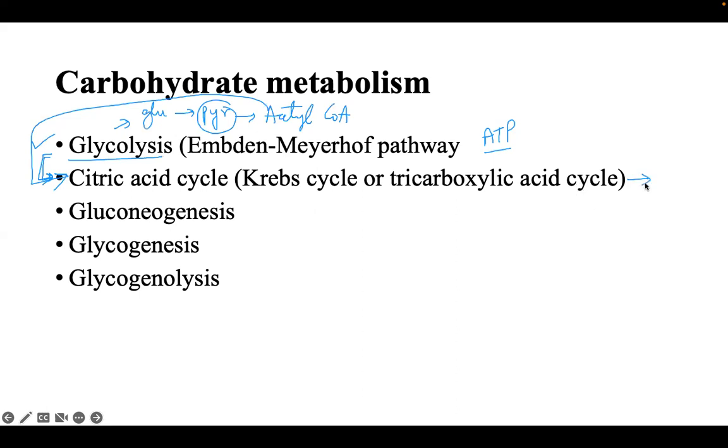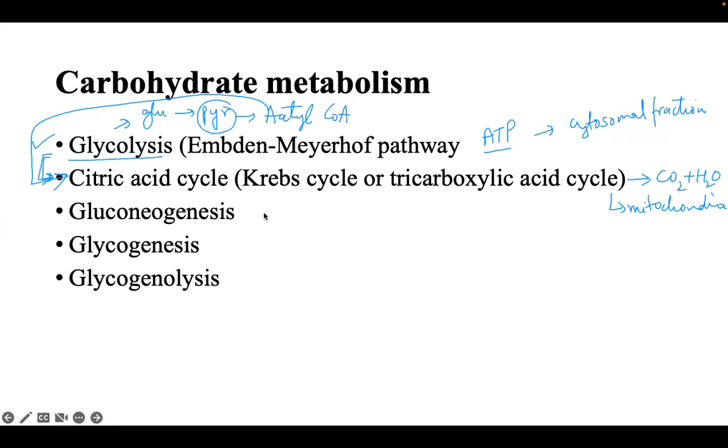The citric acid cycle, or Krebs cycle, is the oxidation of acetyl-CoA, and after the oxidation, the products formed are carbon dioxide and water. Glycolysis takes place in the cytosolic fraction of the cell. This is very important. The citric acid cycle happens in the mitochondria, so all the enzymes involved in it are present in the mitochondrial matrix.